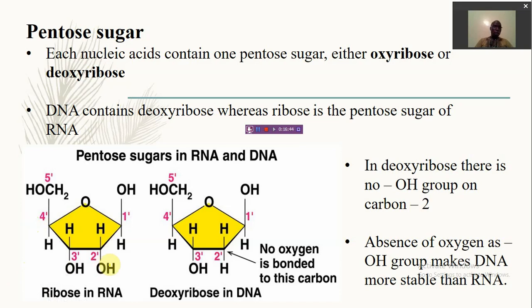at the structure of ribose, look at carbon 1 of ribose, then carbon 2.